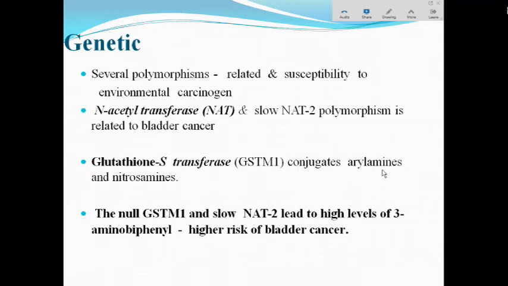Remember, this 3-amino biphenyl is the most potent carcinogen. So glutathione S transferase and slow N-acetyltransferase will lead to a high level of 3-amino biphenyl in the transitional cells of the bladder, which is a very high risk for developing carcinoma of the bladder.